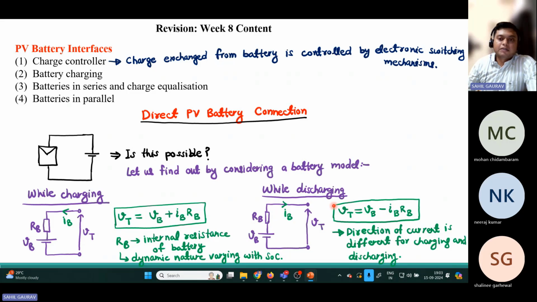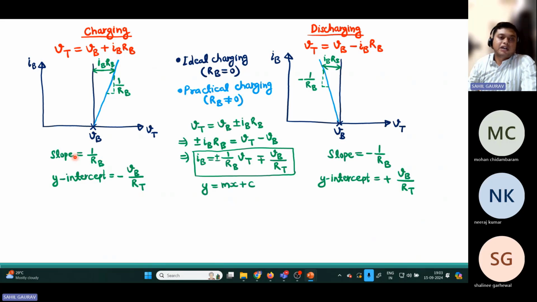So how will we write the terminal voltage of the battery? The terminal voltage of the battery will be written as VB minus IB into RB. So the direction of current is very important while charging and discharging. That will decide the terminal voltage of the battery.